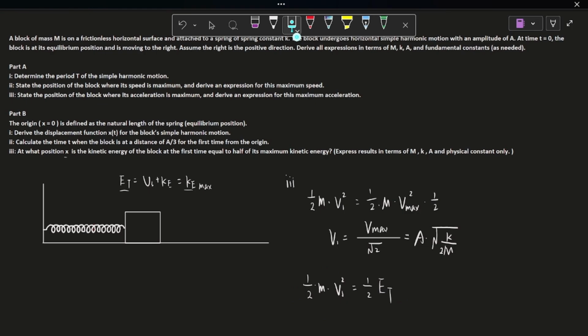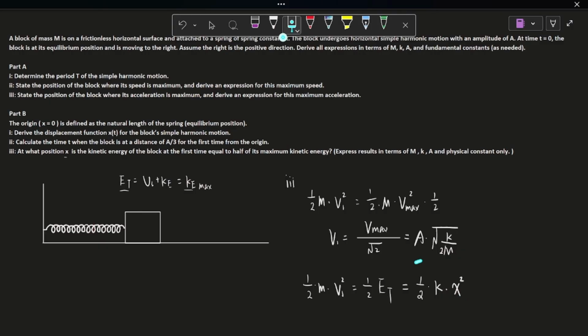It must come from the spring potential energy. So the other half, which is also equal to 1/2 of the total energy, is equal to 1/2 times k times x squared. Now we can solve for x.